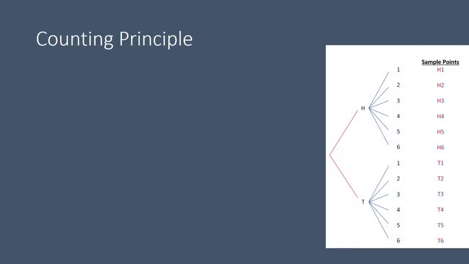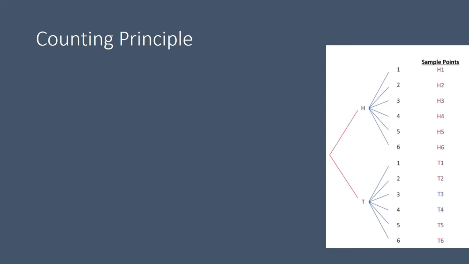Okay, so the counting principle. When we are talking about the sample space, it's not always convenient to list all the elements in the sample space, and you can see it from the tree diagram. Not only that, in statistics, what we are more concerned about is how many elements you have in the sample space, not exactly what the particular elements are.